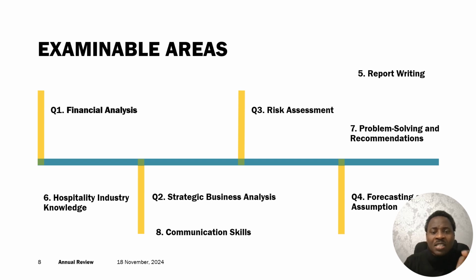Your ability to assess trend in the financial statements, identify areas that require improvement. Strategic business analysis is important for you to display, and as regards it, understanding of strategies in the hospitality industry is key.